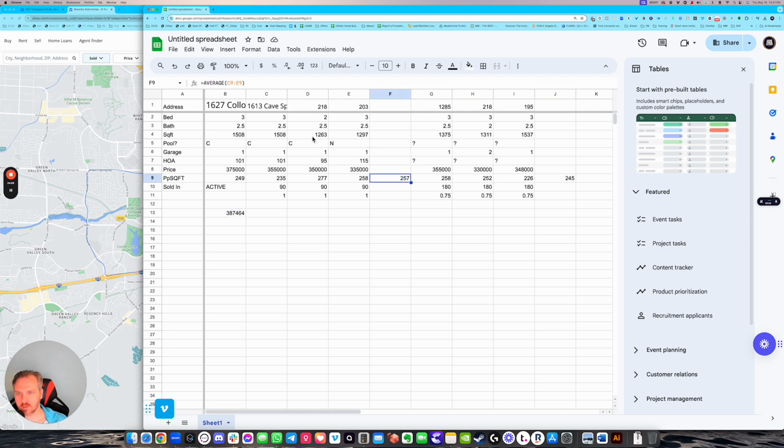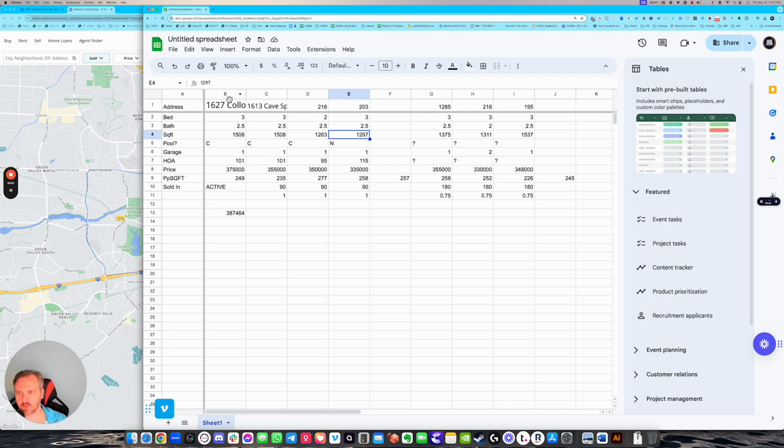And that's based on a lot of these other factors: the community pool adding into it, the extra bedroom adding into it, the difference in square footage from some of these. So all these things can add or subtract. An extra bathroom can add to it, versus removing a bathroom can subtract from it.